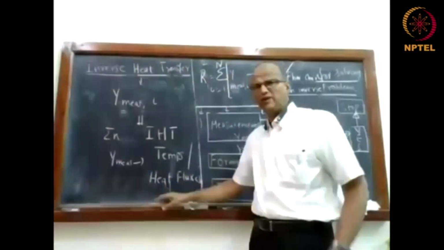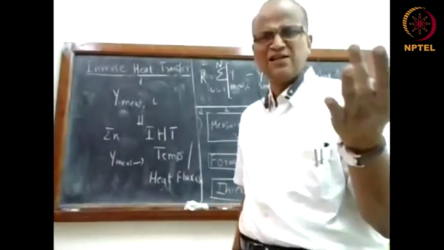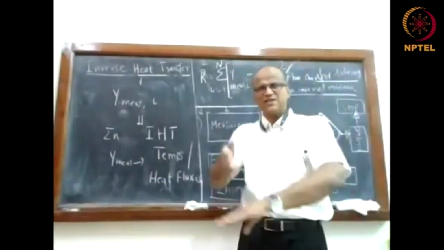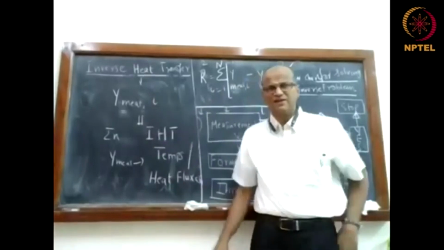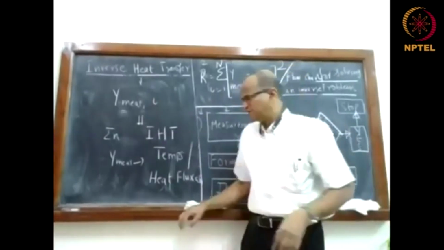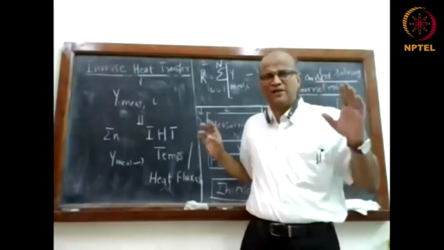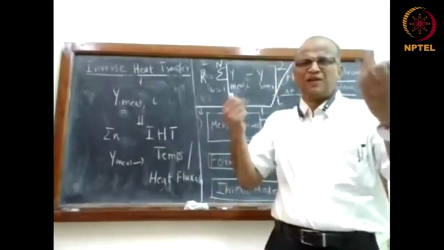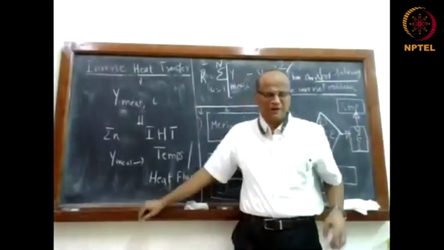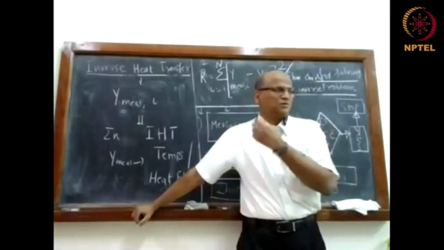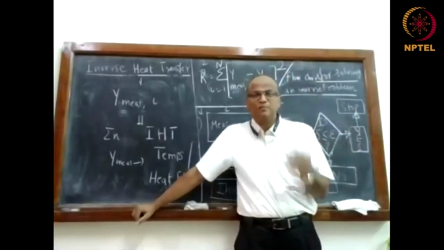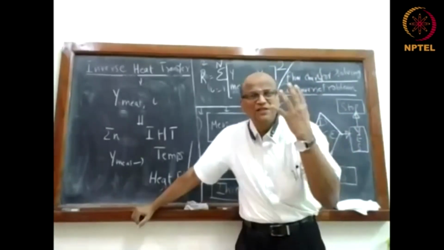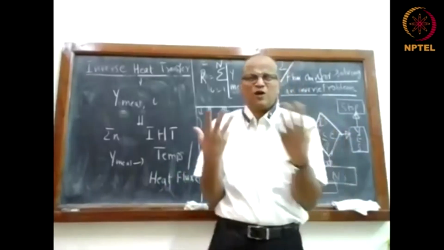Heat fluxes are a lot more difficult. You need to buy that heat flux gauge and all that. It has some range. You have to paste it on something and calibrate it. It's easier to measure temperatures. Thermometer, infrared thermography, liquid crystal thermometer, platinum thermocouple. So many possibilities are there. So temperature has a physical feel. All of us know what is hot, what is cold.